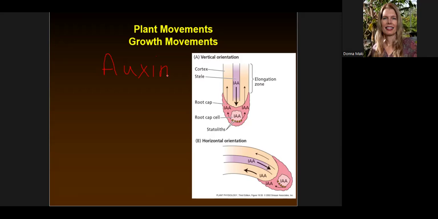So again, they're on the bottom side, and that pressure is telling IAA. Now this is weird, because I've been telling you IAA stimulates growth up until this point. And normally it does. At higher concentrations though, in root tissue, it actually tells roots to slow down.